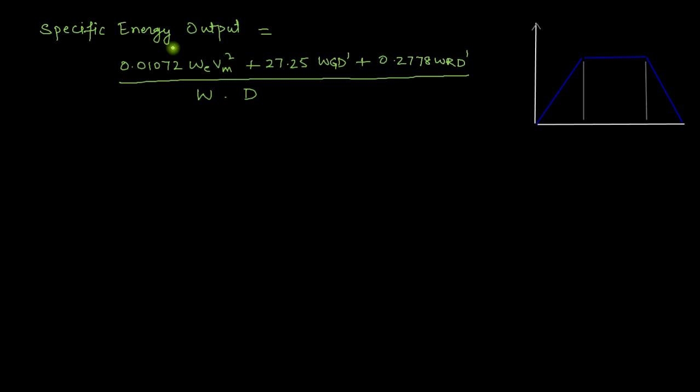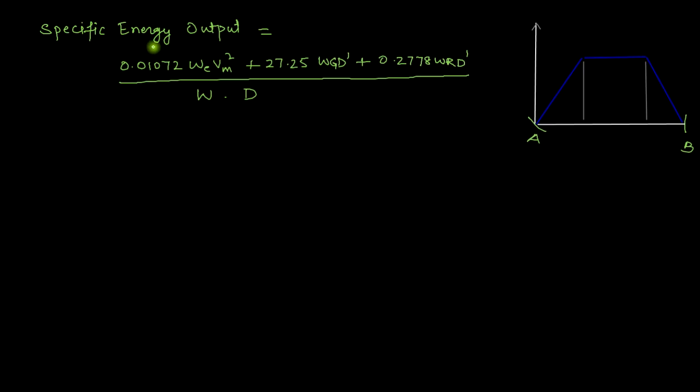So the specific energy output will be equal to the total energy output divided by the dead weight of the train times the distance between the two stations. The distance traveled during this interval was d, where d dash is the distance traveled during the free running period, and d is the total distance traveled between the two stations A and B.